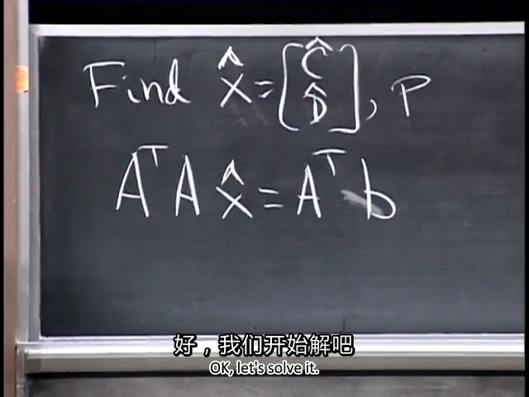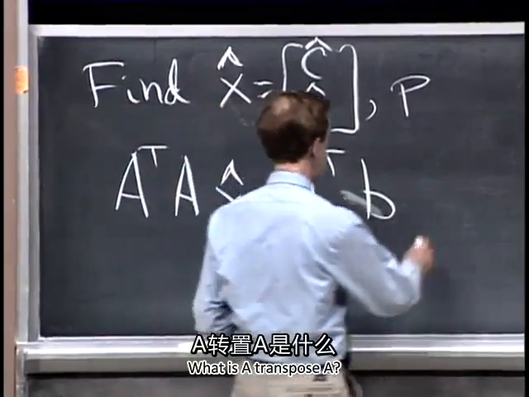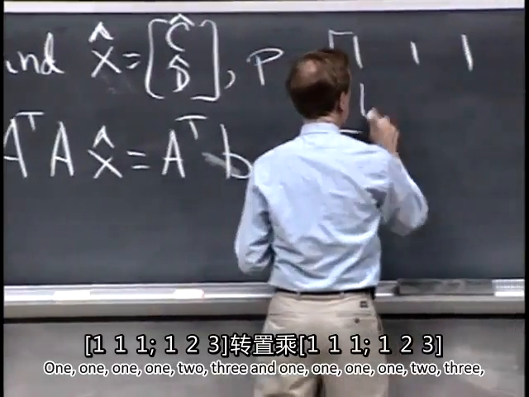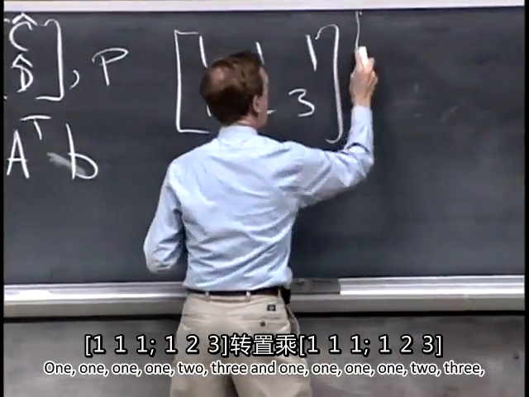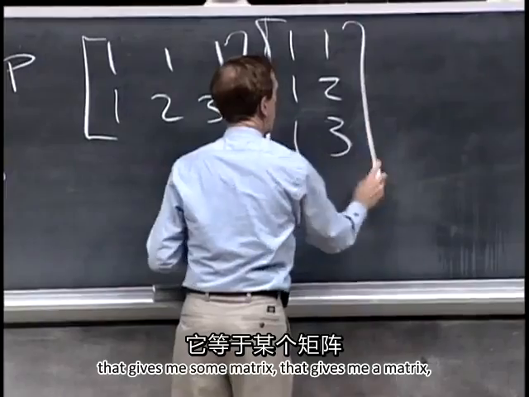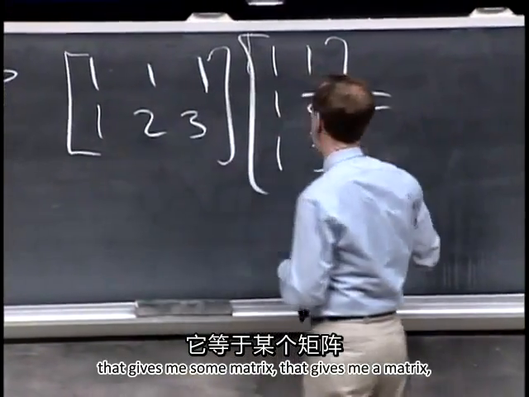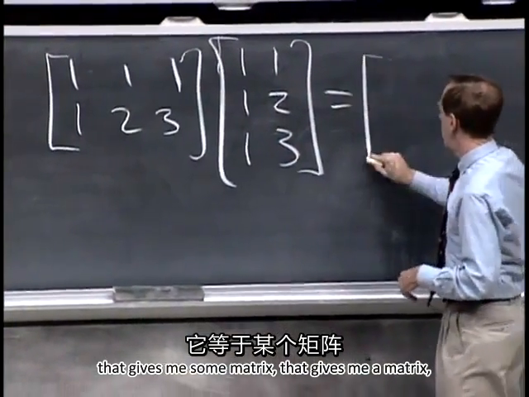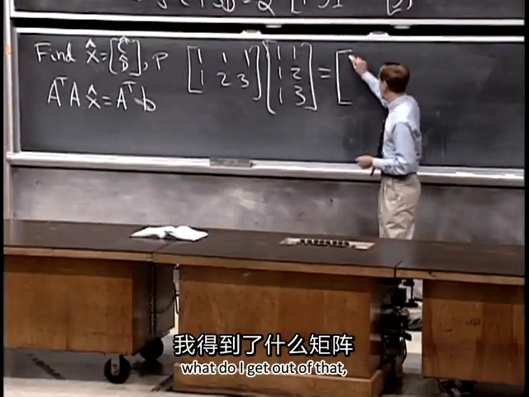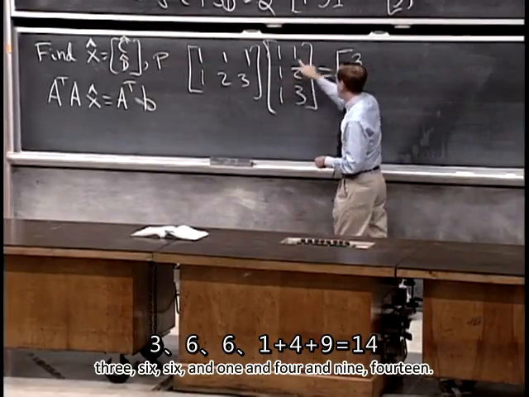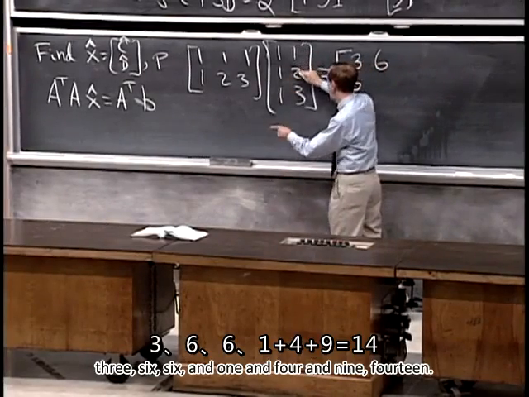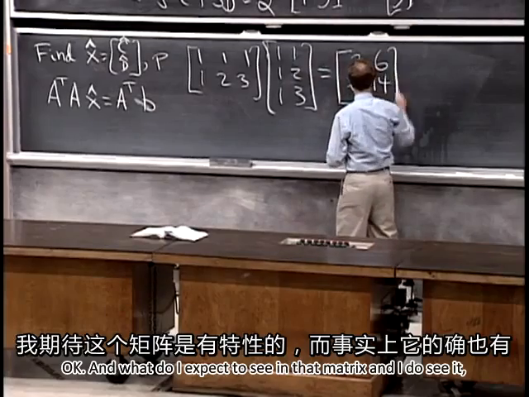Okay, let's solve it. What is A transpose A? So I have to figure out what these matrices are: 1, 1, 1, 1, 2, 3, times 1, 1, 1, 1, 2, 3. That gives me a matrix. What do I get out of that? 3, 6, 6, and 14.